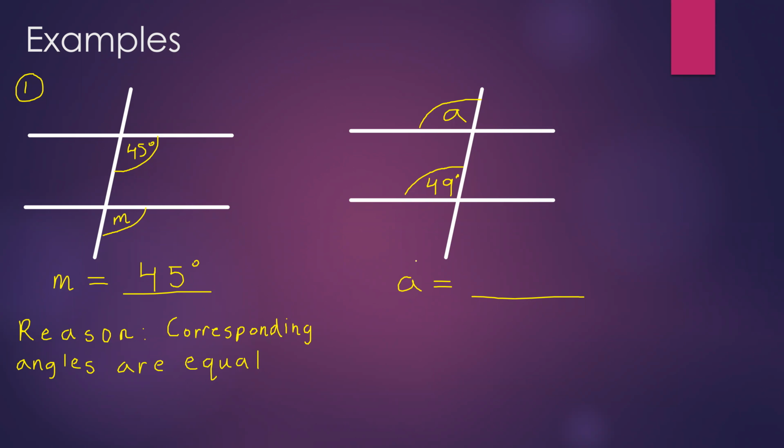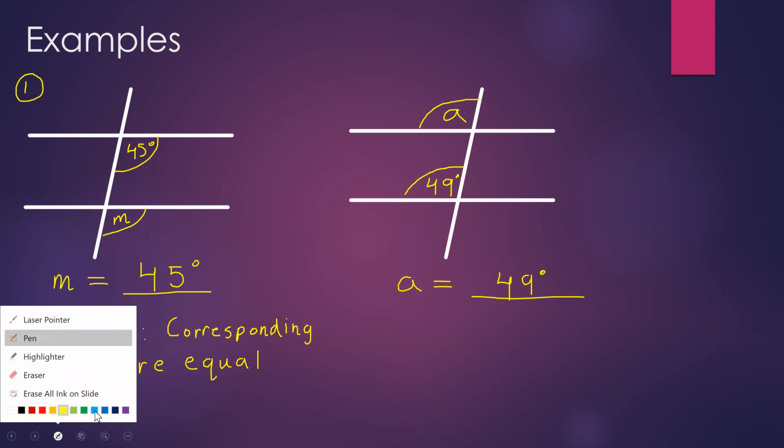All right, Alasia, can you answer A, please? What would be the size of angle A? Angle A would be 49 degrees. Why 49 degrees? Because corresponding angles are equal. Very good, because corresponding angles are equal.